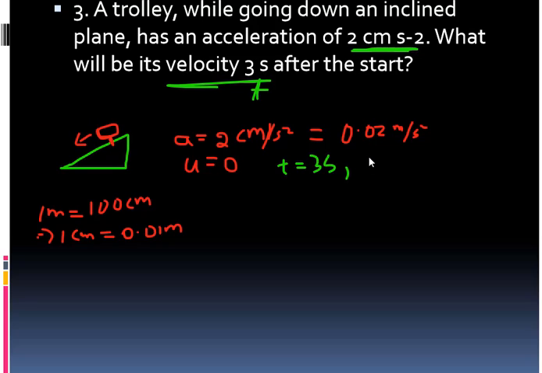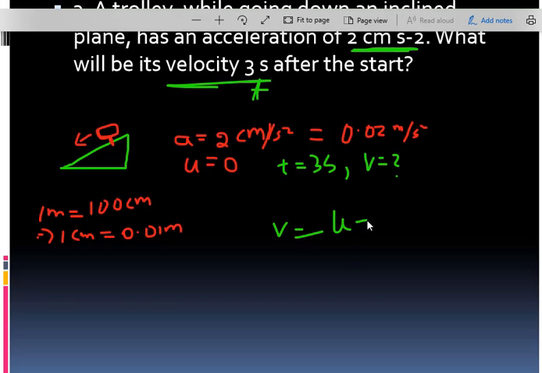You need to find out the final velocity of the body. What is v? You can use this formula: v equal to u plus at. Here u is 0, a is 0.02, t is 3 seconds. Just multiply it, you'll get your answer.